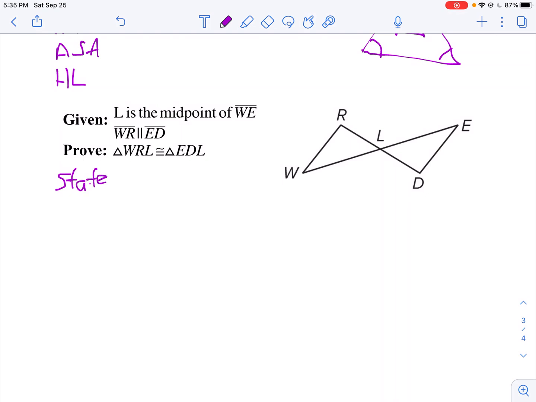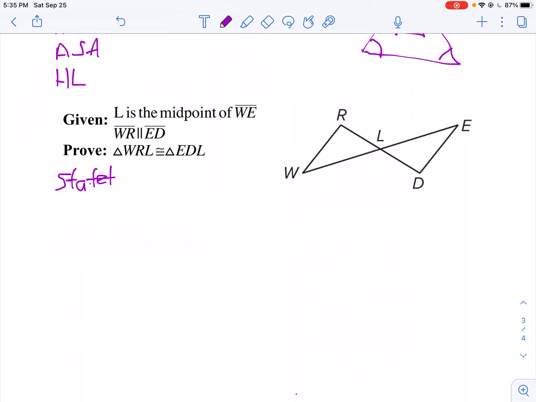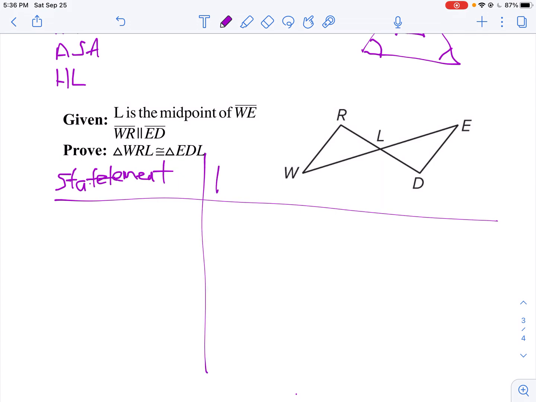And if you use side, side, side, make sure that you have side, side, side in your proof. So statement, reason. I have 2 givens going on here, and also do it on the picture. Prove to yourself that it works, and then do the writing.